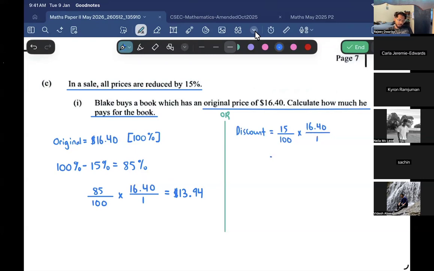What are we equal to? 2.46, sir. 2.46, right? So Neela, if you gain a discount of $2.46, how much will you actually pay?